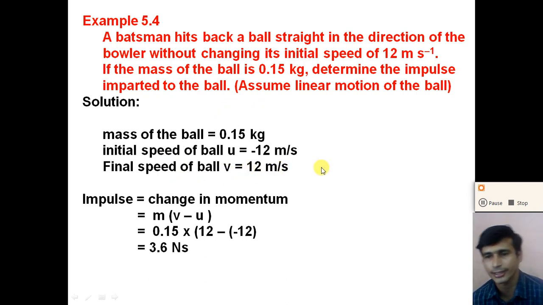So here the initial direction and the final direction are opposite. So we take the initial velocity of the ball u is equal to minus 12 meter per second and the final velocity of the ball v is equal to 12 meter per second. Why? Because the direction of the ball is different, the speed of the ball is the same, right? The mass of the ball is given to you, 0.15 kg.